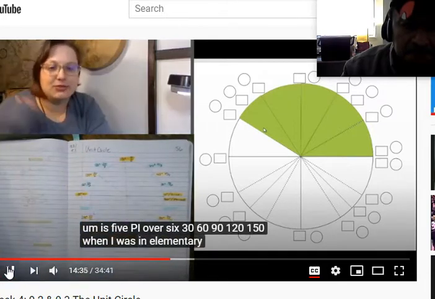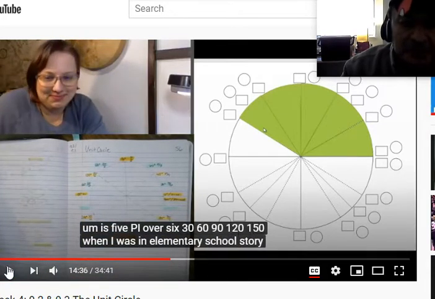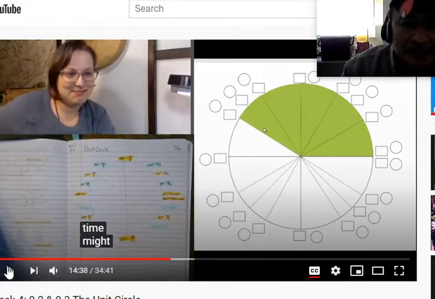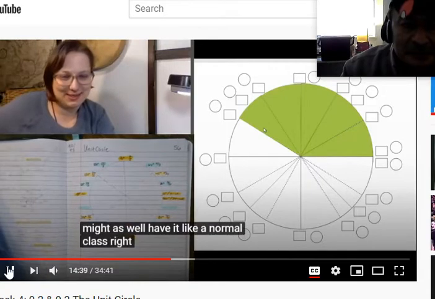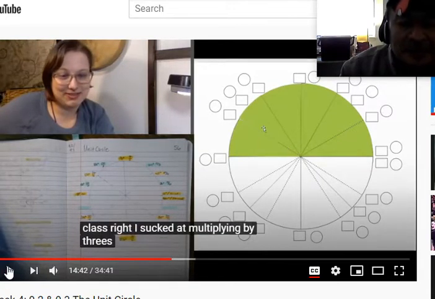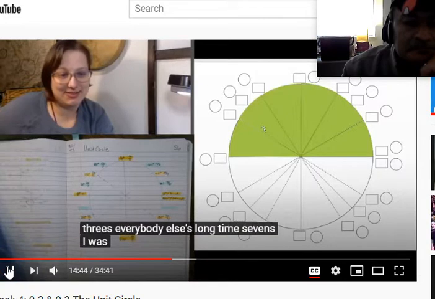When I was in elementary school, story time, might as well have it like a normal class, right? I sucked at multiplying by 3. Everybody else is on times 7s. I was so stuck on 3s.